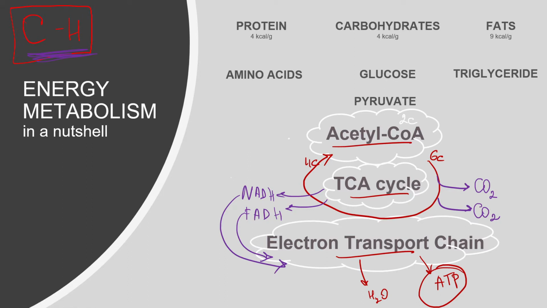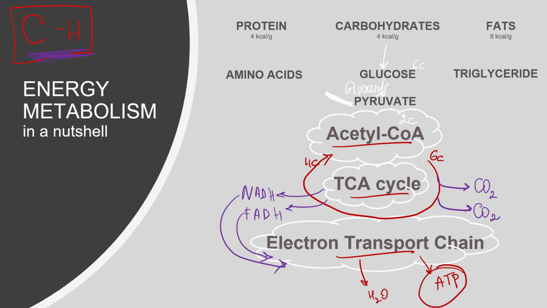From carbs we mainly get glucose, right? And glucose is a 6 carbon molecule, which is converted afterwards into pyruvate in the process called glycolysis. This process up to here doesn't require oxygen. That's why it's called anaerobic.